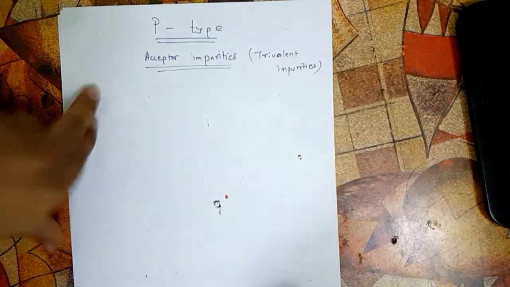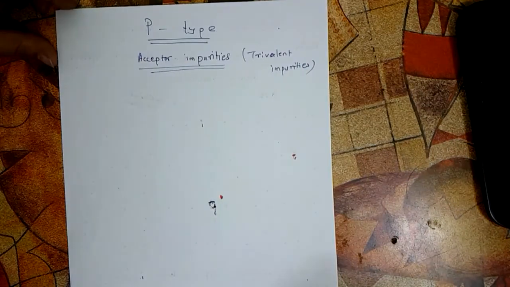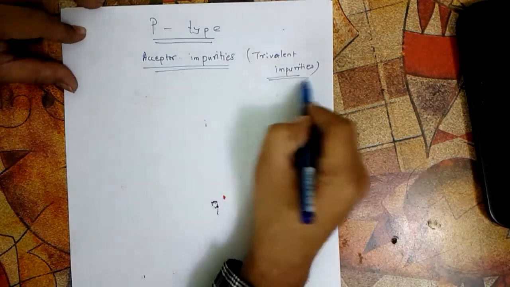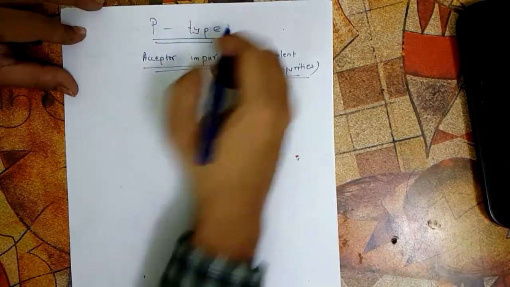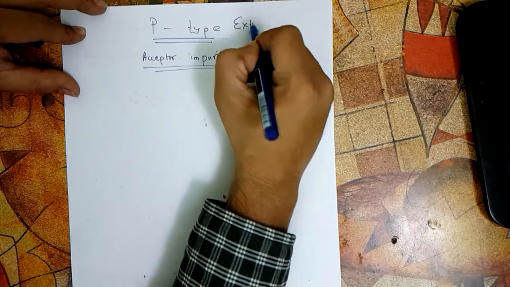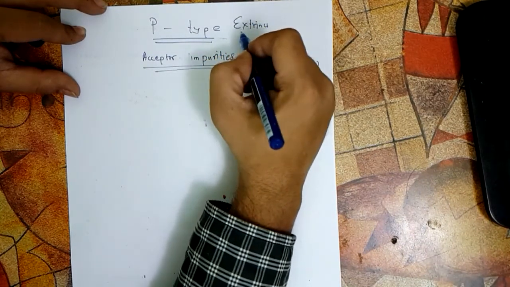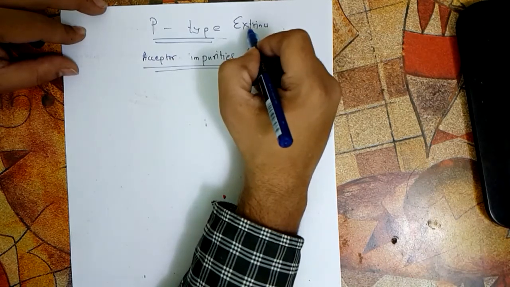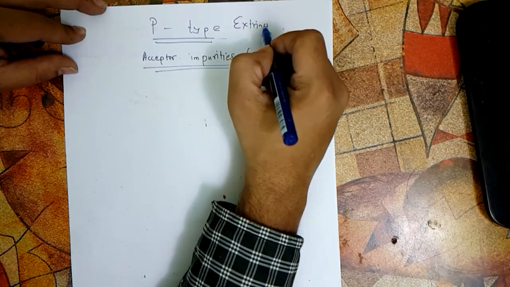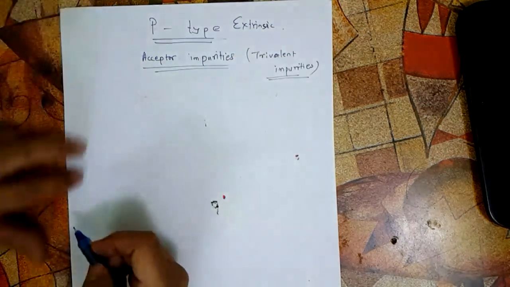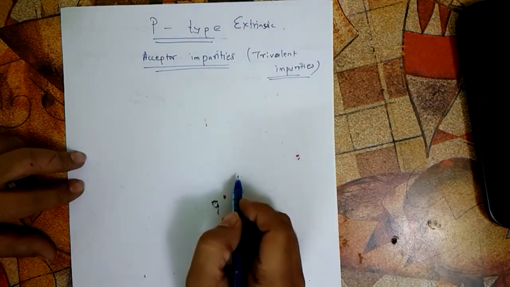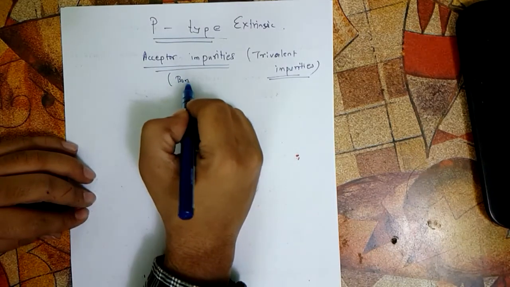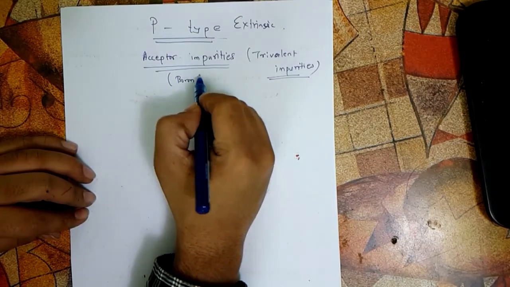Again, when we dope this pure silicon semiconductor with those trivalent impurities, what we get is called as a p-type extrinsic semiconductor. So intrinsic means pure and extrinsic means impure or doped. Extrinsic semiconductors.